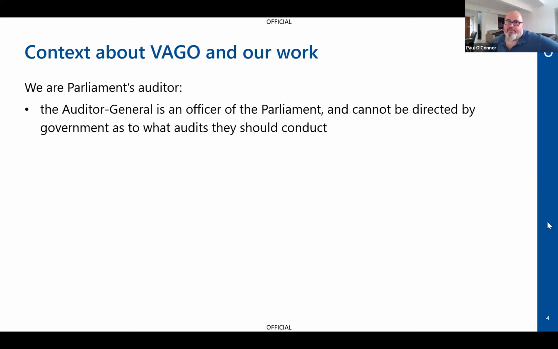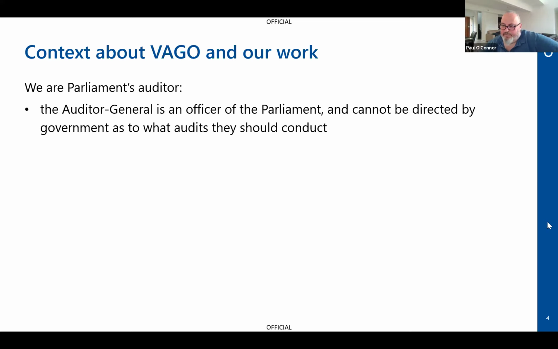An important part about VAGO is that we are an independent office. We are really an adjunct to the Parliament. So we work quite independently of government. Sorry about that, should have put that on silent. We work quite independently of government, and we can't be directed in terms of the work we do.